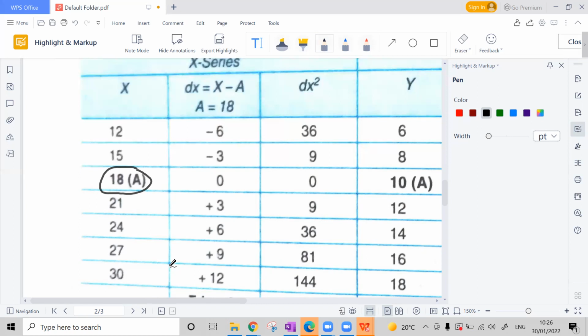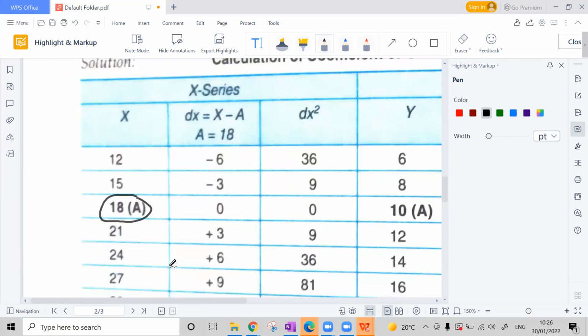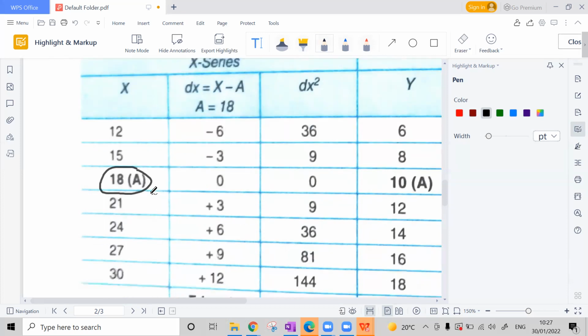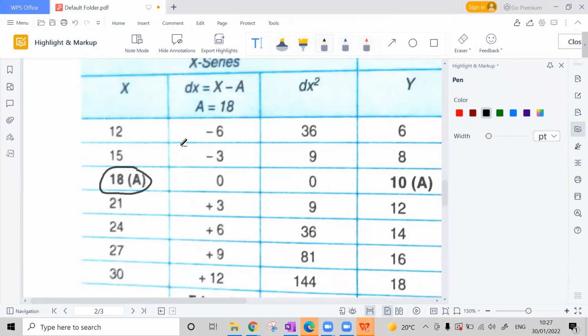Once you note down, tell me, then I will move further. So what will we calculate in this? First I will calculate the assumed number and then the deviation. Same process. After deviations, I will go for deviation square.